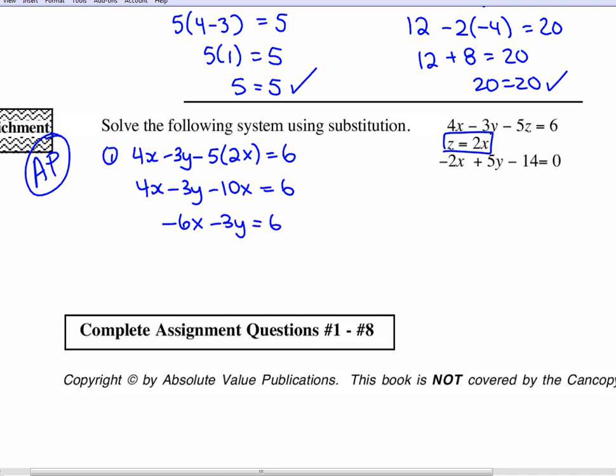And then now you can have this 1, 2, 3. So now you can just work with these two. These two have 2 variable equations. Now you can just do substitution with those 2. So you can make one of them x equals or y equals, and then sub it into the other. So are you capable of it? Yes. Are we going to do that? No. Okay? Not on your test.